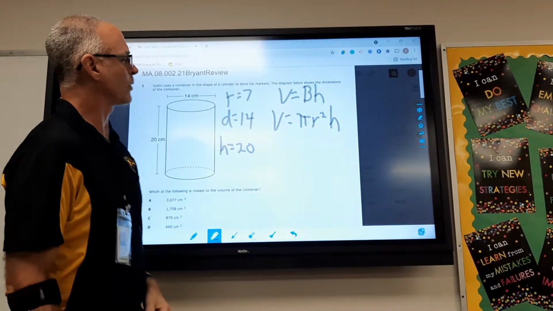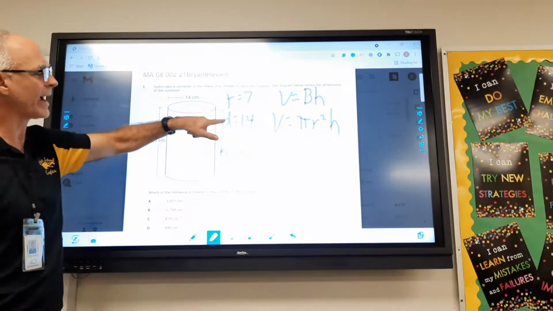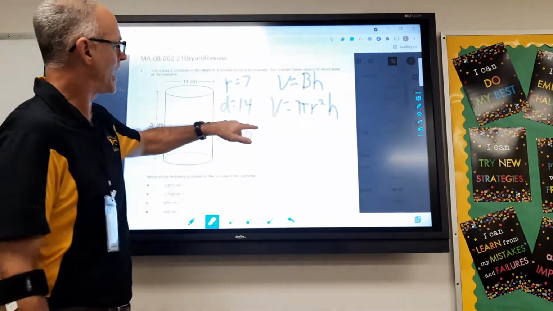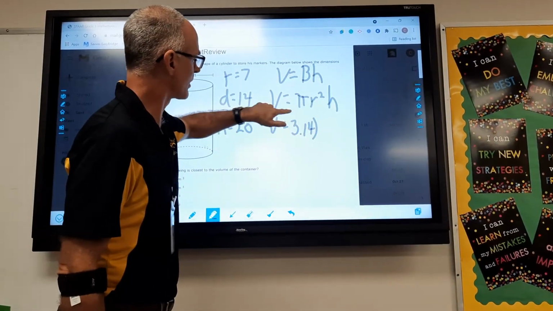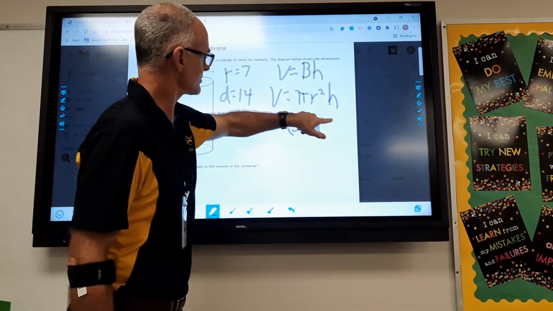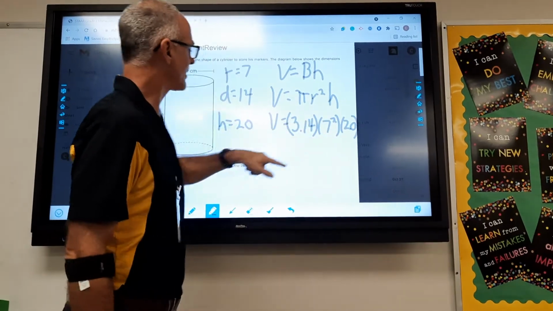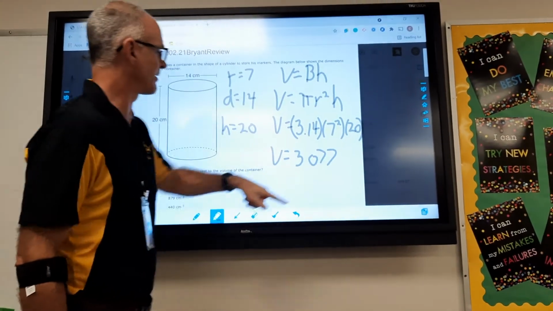The area equation requires radius, which they did not give us. That's why we calculate this at the beginning. Now we have the radius, and we're able to put everything in there and calculate. 3.14 times 7 squared times 20. When we calculate all that, we get around 3,077.